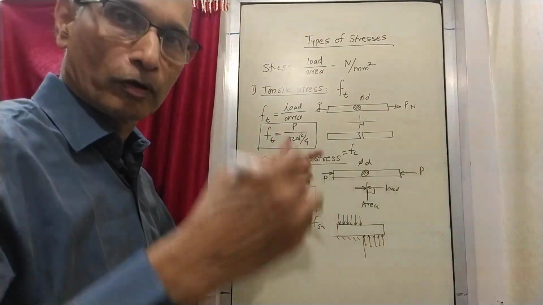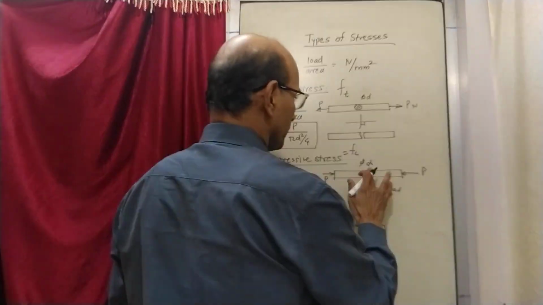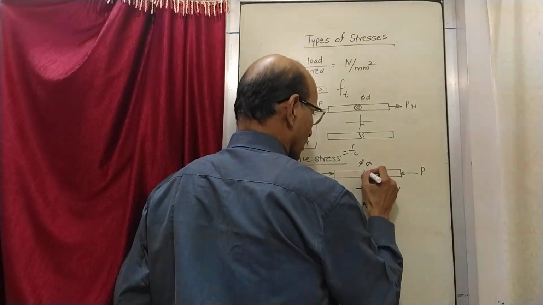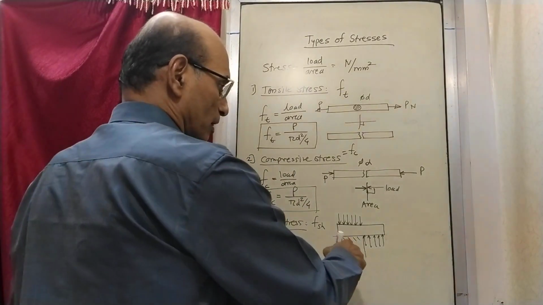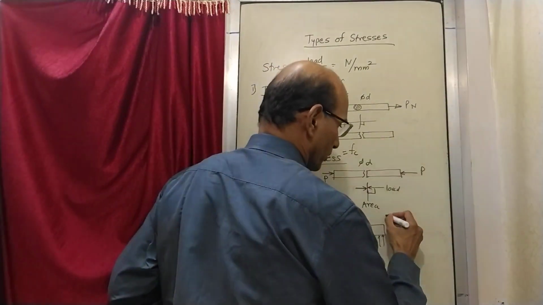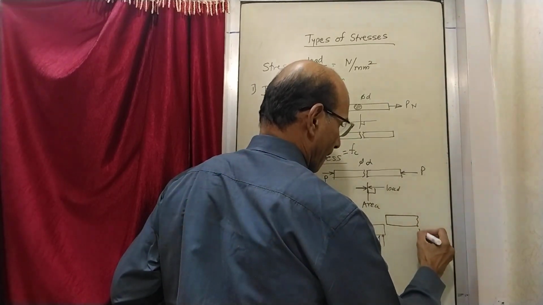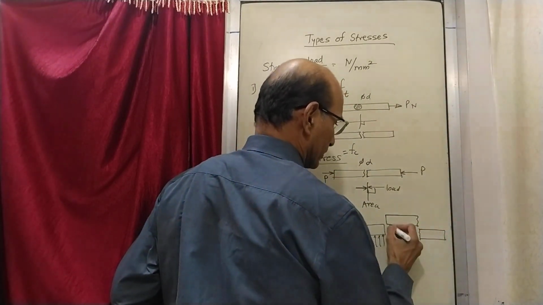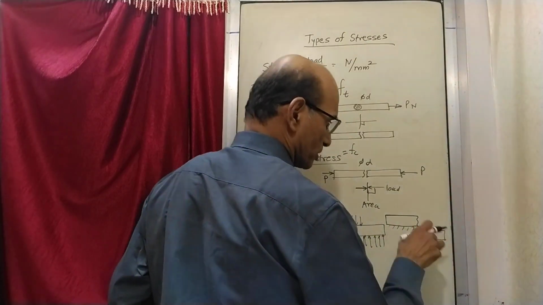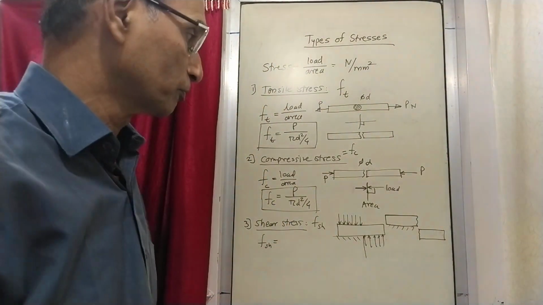In the compressive case also, it will be broken into two parts just like this. But here, if it is broken, then it will be broken like this. Okay, like this is already under support, and this will just get removed like this because of the force.